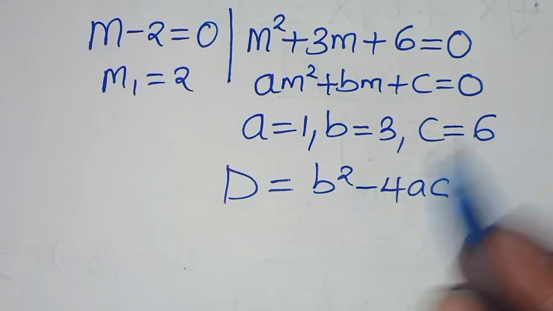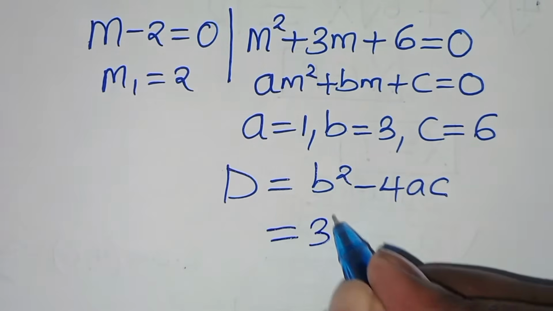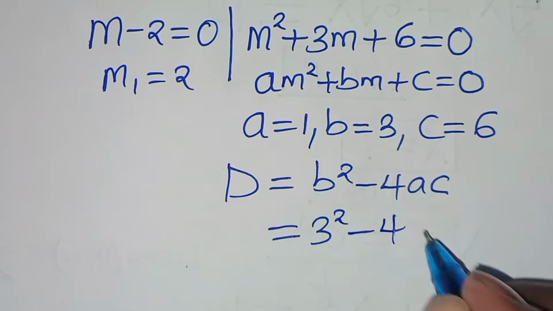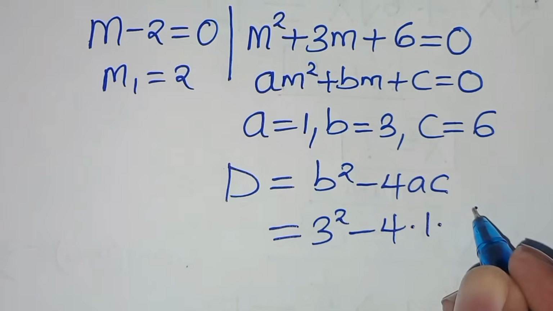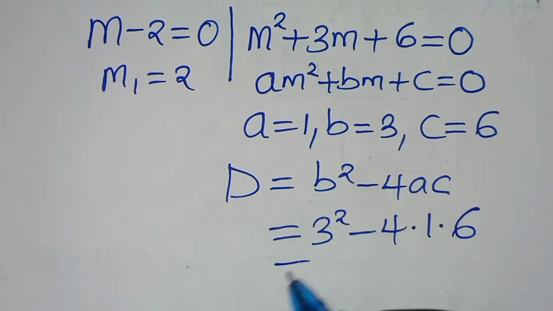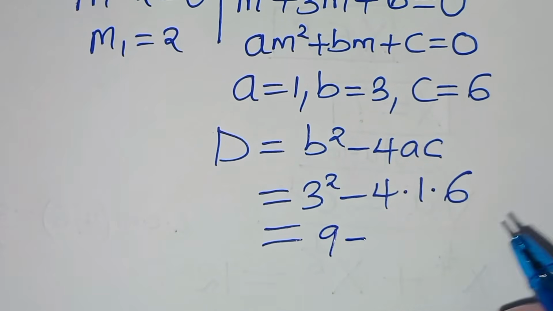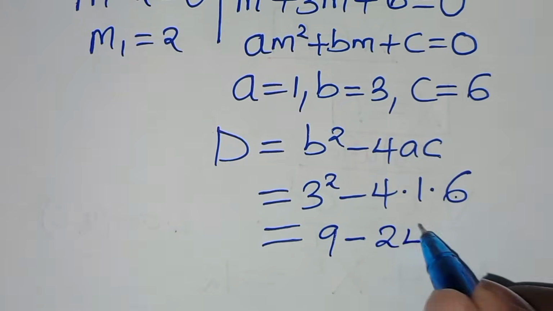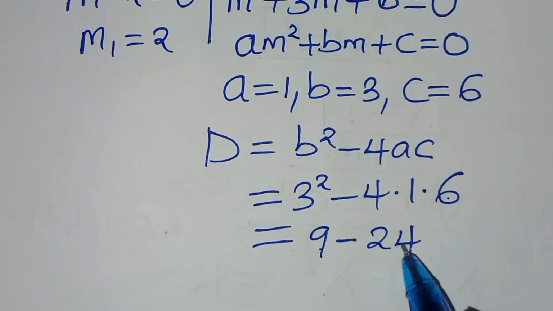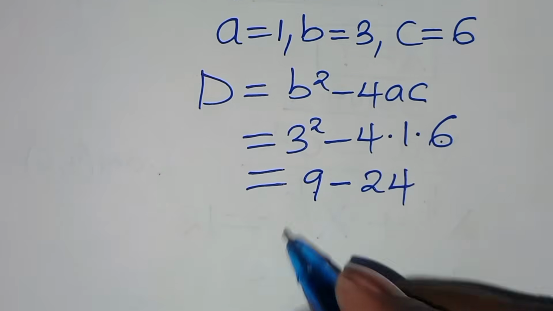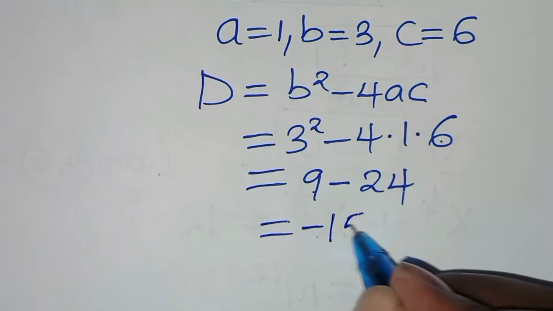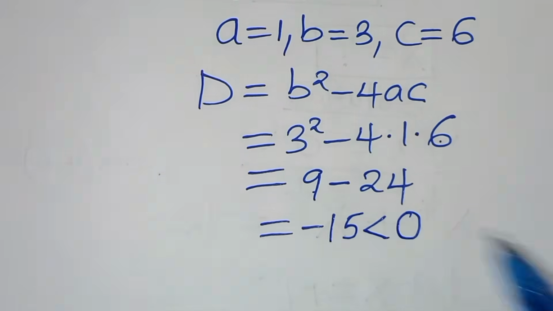Substituting the values of a, b, and c, we have 3 squared minus 4 times 1 times 6. This implies 3 squared, which is 9, minus 6 times 4, which is 24. 9 minus 24 is equal to minus 15, which is less than 0.